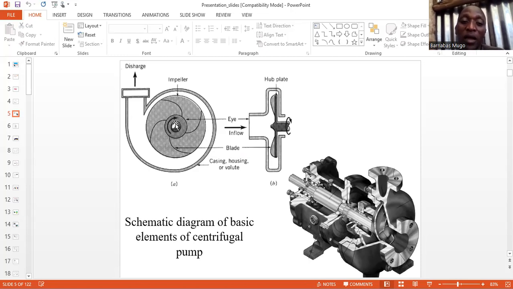As the impeller is revolving, it is going to scoop out water by use of its vanes, and then water is going to be discharged through the delivery section of the pump.